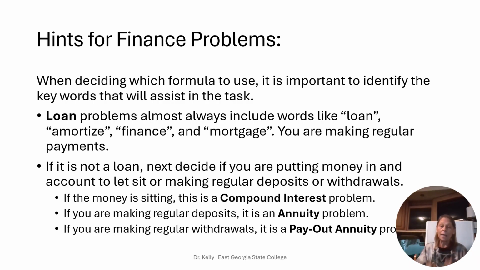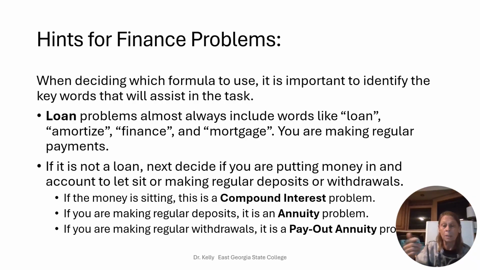If you're making regular deposits, like your retirement plan, okay? That's the best, most relatable example I can come up with. Like a retirement plan, that is an annuity. That's when you add in money incrementally, meaning every month, once a year, every other month, whatever.